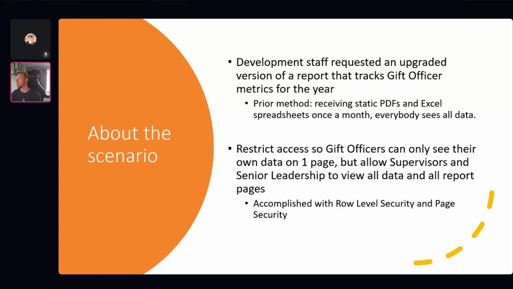So we were able to accomplish that with row level and page level security. This was my first time ever implementing any type of security on a report, so it was a little scary at first, a lot to learn, and definitely a lot of different ways to approach how to do this. We found one way that works for us, but it's not the only way, and we'll dive into that a little bit more.